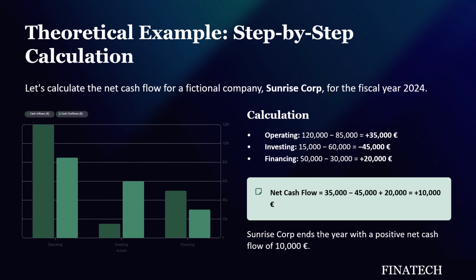If we calculate the net cash flow, we gain 10,000 euro over the year. That means Sunrise Corp ends the year with a positive net cash flow.